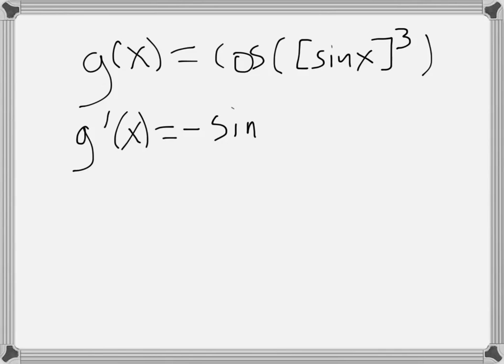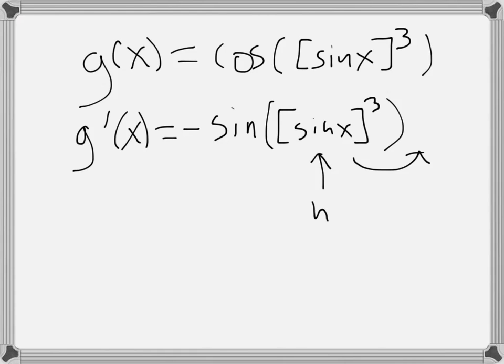But I leave what was inside. I don't just write x. And then I multiply by the derivative of what was inside. So if this thing inside is called h, because I already used g, I need to multiply by h prime of x. So forget the big problem. Right now let's just worry about finishing g prime of x.